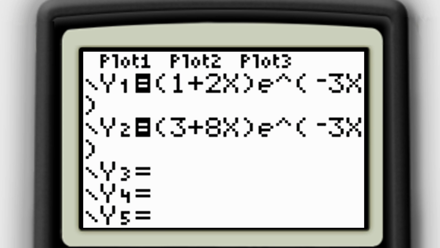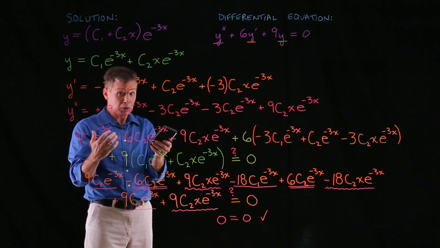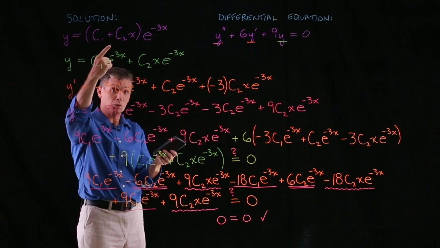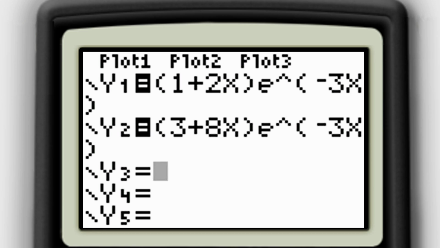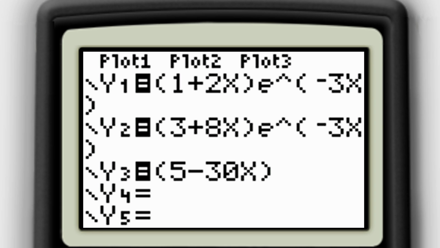And I'm going to go one more in my y sub 3, because you are allowed to throw in even negatives if you want. Okay, so I'll start parentheses, maybe I'll do a positive 5, but then subtract 30, I don't know, times x, close parentheses, times e raised to the minus 3x, close parentheses. Do more if you want, but I'm going to hit graph.